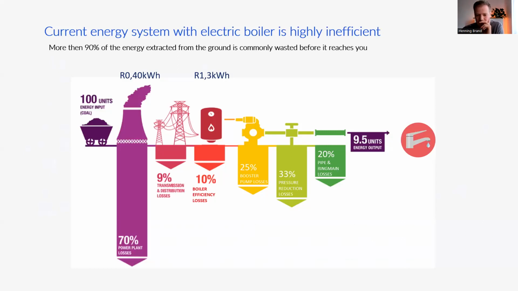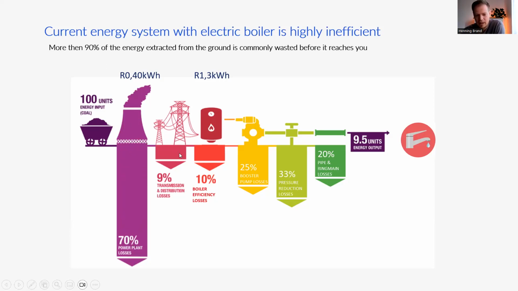So if we look at producing hot water, we want hot water at the tap for the showers, for example. When we have a coal-fired electricity plant, if we start with 100 units, then the efficiency of those coal plants has about 70% power losses.